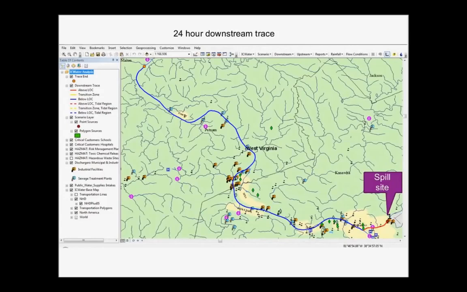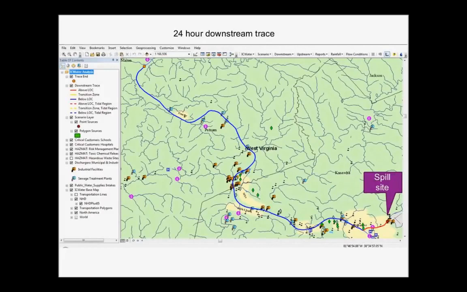So one of the first questions that were asked when the spill occurred was, where is it going to be in 24 hours? So this is a 24-hour trace from the site of the spill. We color the trace red, yellow, or blue, depending upon whether it's above the level of concern, in transition, or below the level of concern.